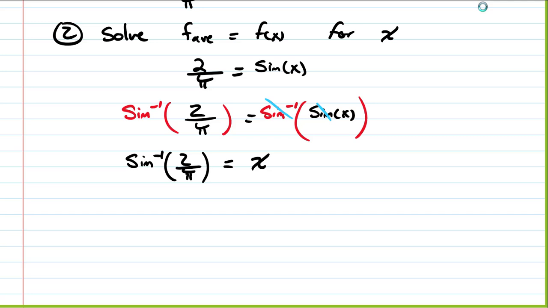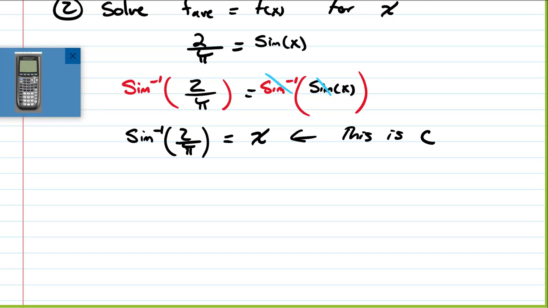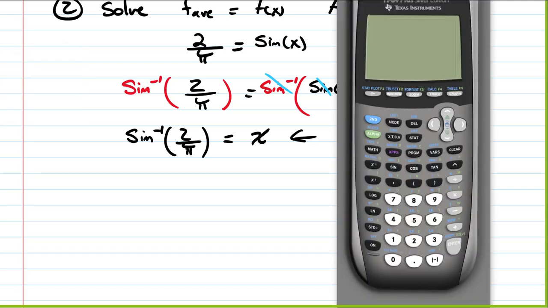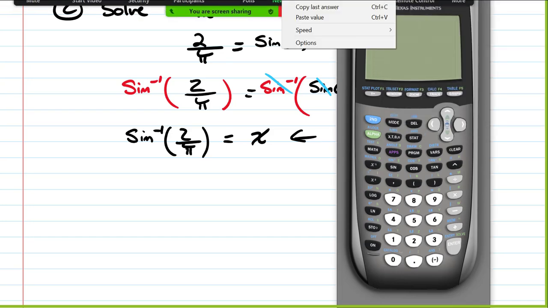So this is the c, or the height that gives the same area underneath the curve. So in terms of our picture, let's go ahead and graph our sine function.